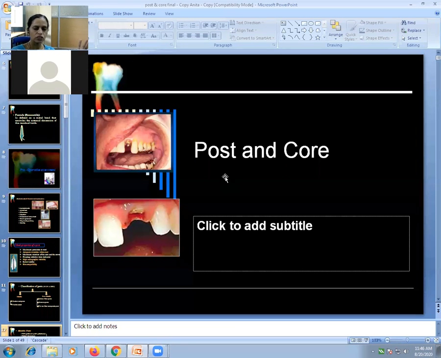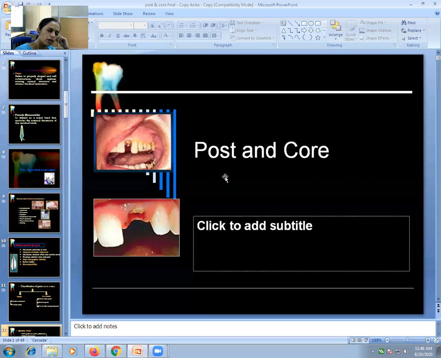We learn the classification, and the advantages and disadvantages, so that you can choose the proper post. Where will you choose the metallic and where will you choose the non-metallic? In a recently RC treated tooth, it is better to use the metallic one because the tooth will have less brittleness.